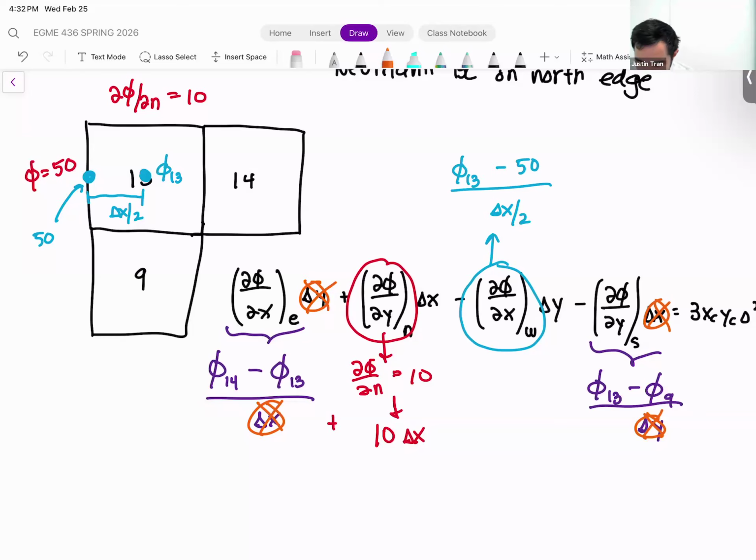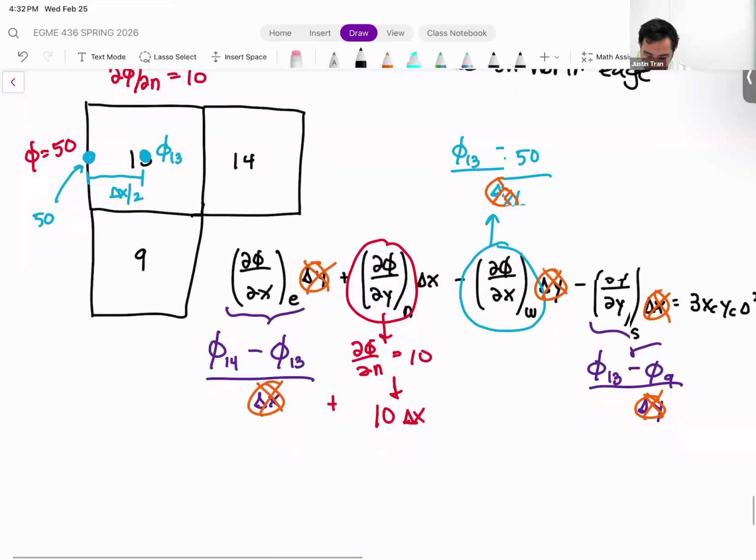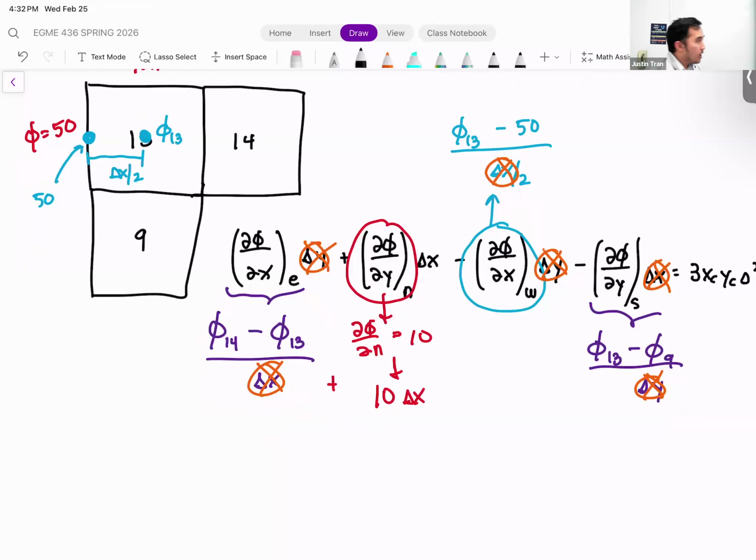All right, and where again, we have a delta x in the denominator, we have a delta y in the numerator for this term, and so those are going to cancel. Okay. All right, so a lot going on there, but hopefully everything is clear. We'll simplify that in a second.